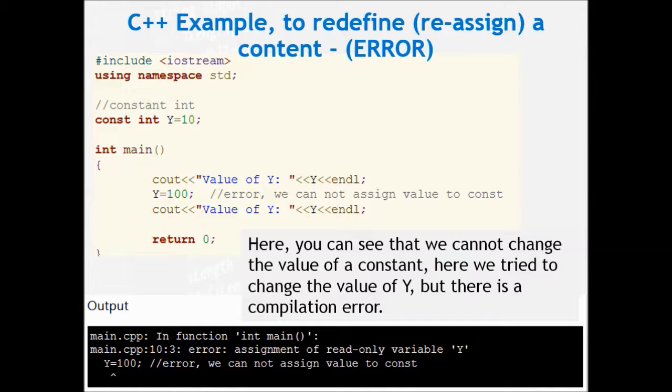Here we tried to change the value of y, but there is a compilation error, because y = 10 and it's a constant value. So any constant value we are not able to change. We cannot assign any value to a constant variable, either it is a constant global variable or a constant local variable.